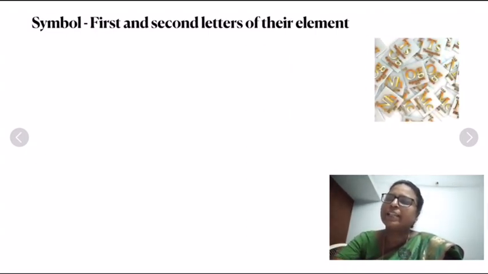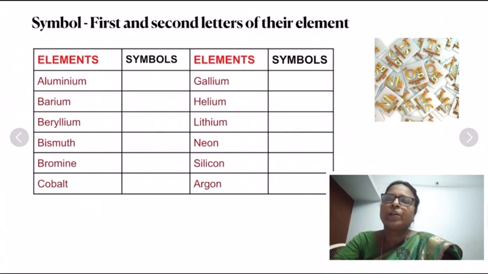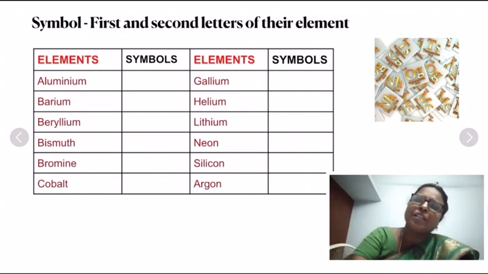Okay, here you can see the two letter symbols. We can see that some of the elements have two letters as a symbol. Here aluminium, the symbol of aluminium is Al.